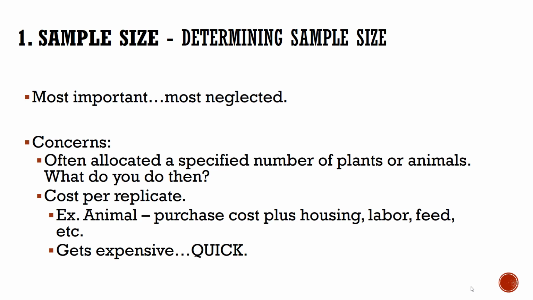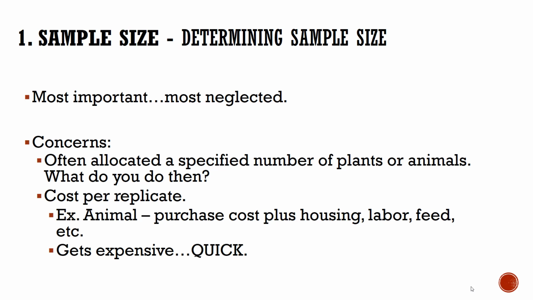Some concerns that we have to take into account when we determine sample size are that quite often we see allocation of a specific number of plants or animals as experimental units rather than the appropriate number that we need to efficiently detect a difference, if there is one there to detect.